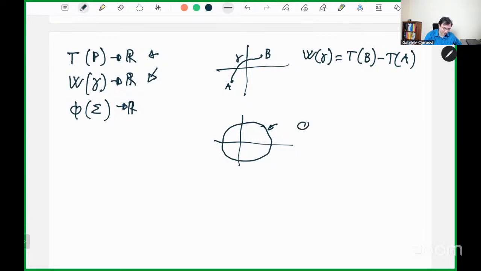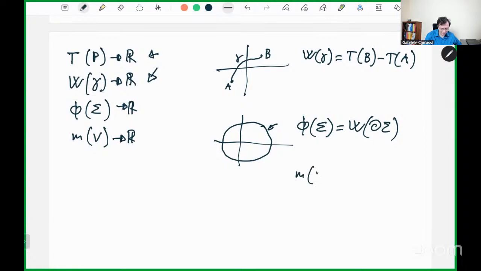So given a function on a surface, I can always define the function by giving the boundary of the surface. And again, you can say, now I have a function of a volume, and this gives me a number. And again, you can define the function of the volume by applying the function on the boundary surface. Of course, you can always do that.